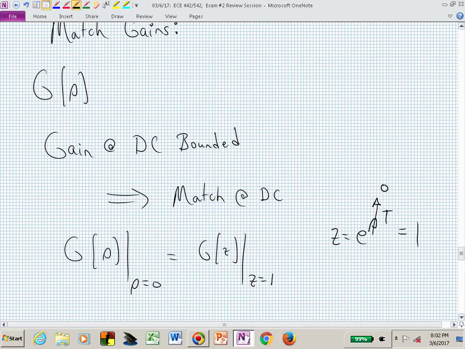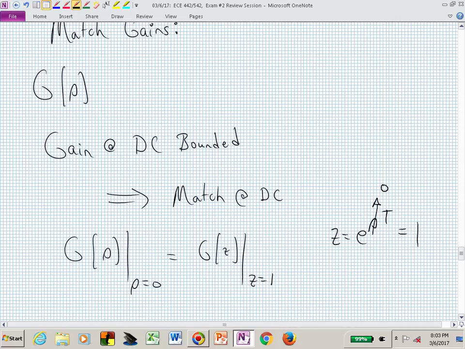So the question was, if I give you a transfer function, am I going to give you that much of a hint and say it's low pass or high pass? Maybe not. So you may want to look at that transfer function and say, is this well behaved at low frequencies? If you had a pole at the origin, is it well behaved at 0?